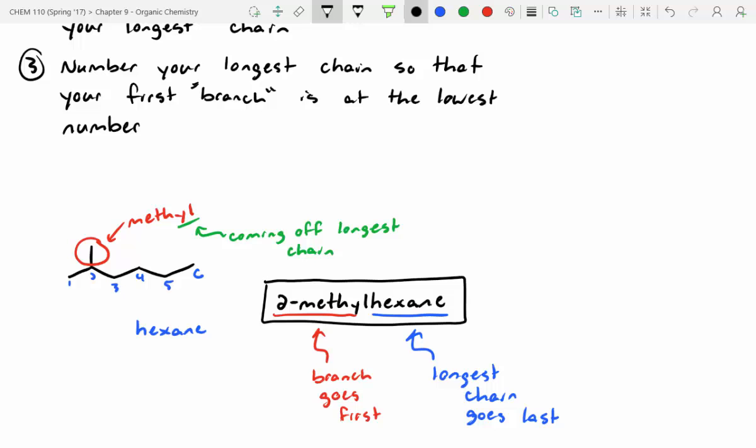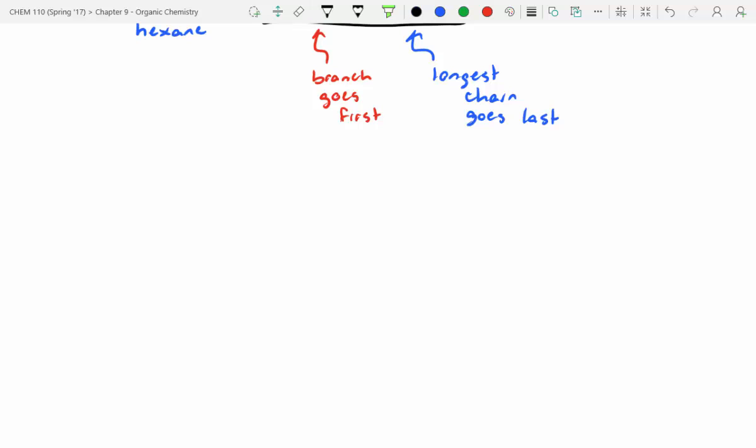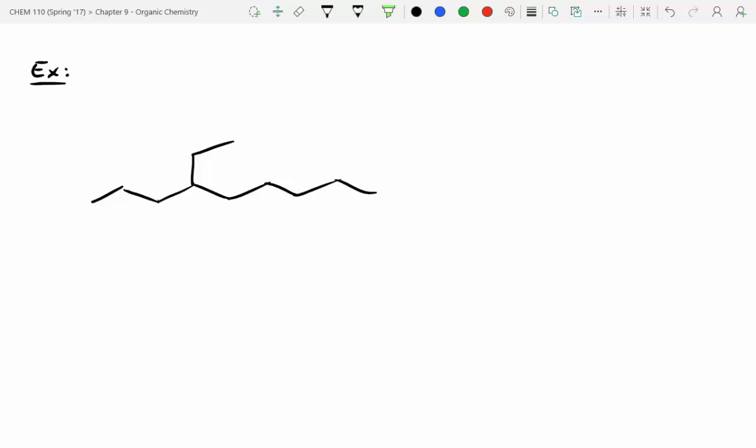All right, you guys want to try another one? Let's do one more. Let's do this one. First thing we want to do is identify our longest continuous carbon chain.